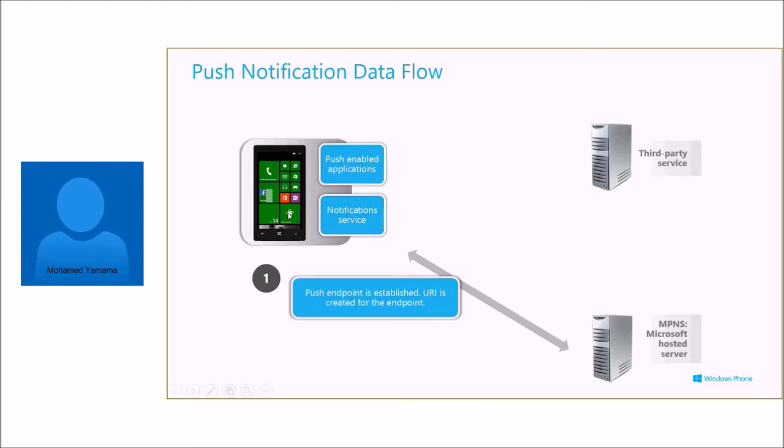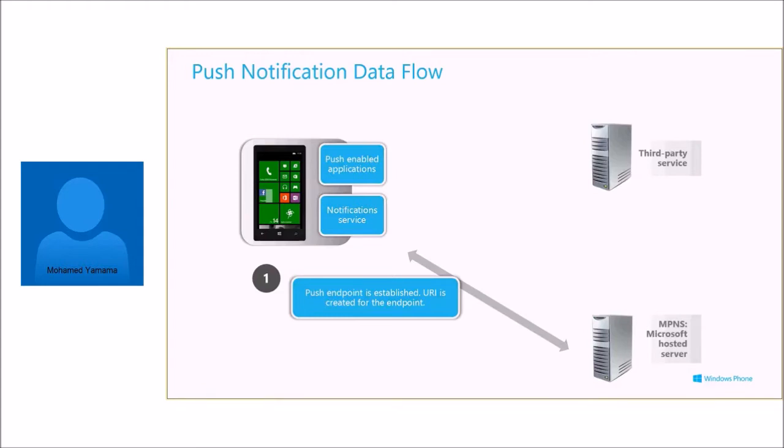First of all, it asks the Microsoft push notification server for a notification URI, and this URI will be used so that whenever a user wants to send you a message or a notification or an update, it will be sent to this URI. So it's kind of your ID whenever you'd like to get this notification.